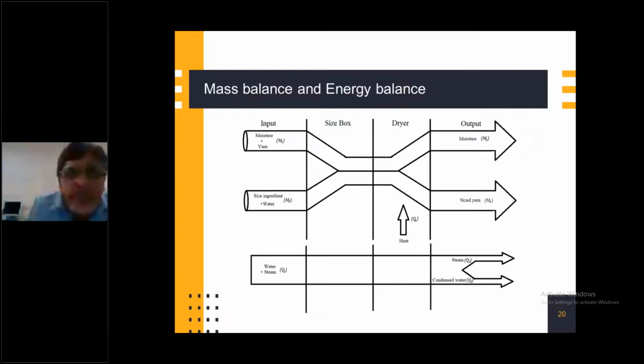So this particular sizing machine is a fit case for mass balance and energy balance equations, which we normally apply whenever we look at a unit operation.